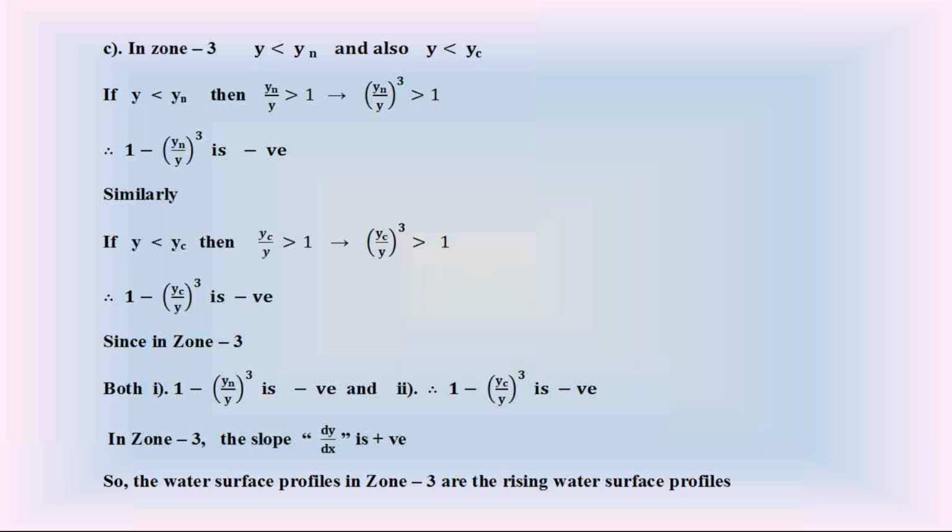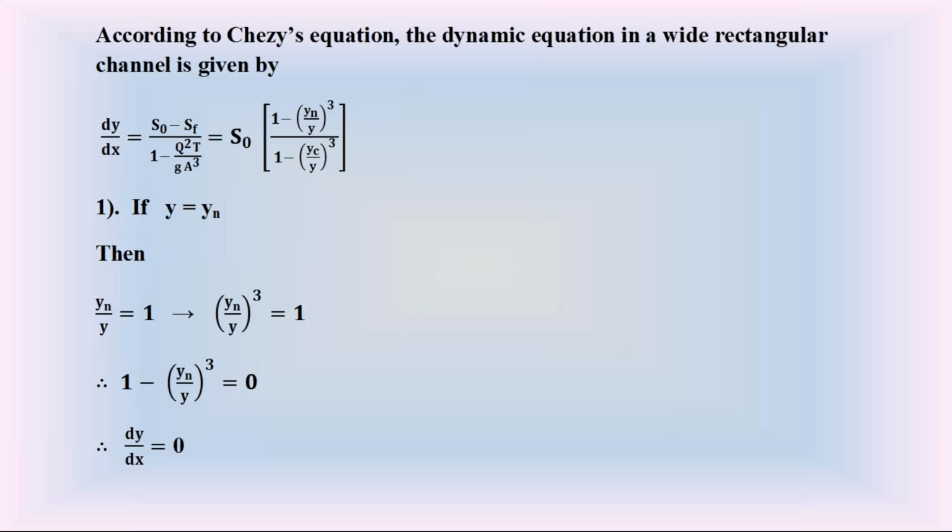So this is the discussion on the slope dy by dx of the water surface profile in zone 1, zone 2 and zone 3. Now after this discussion, I am going to explain one more additional topic before going to discuss the characteristics of water surface profiles in open channels.